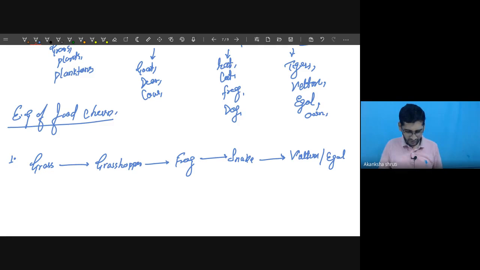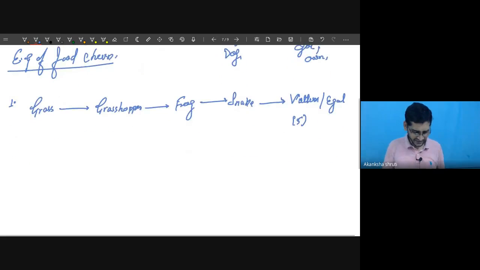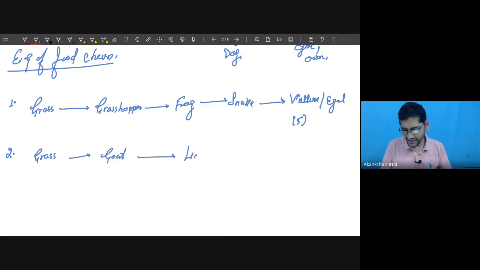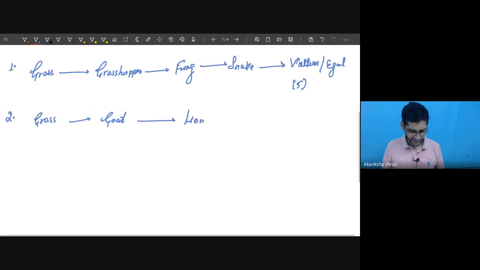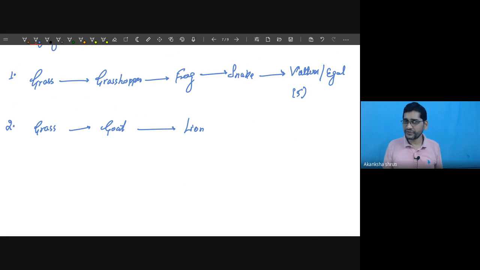So what are we observing? 1, 2, 3, 4, 5. Another one may consider the food as the grass taken by goat or deer, then by the lion. One may take the food chain in the water also.